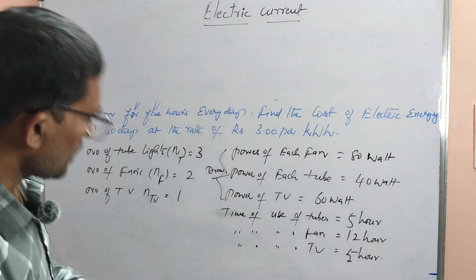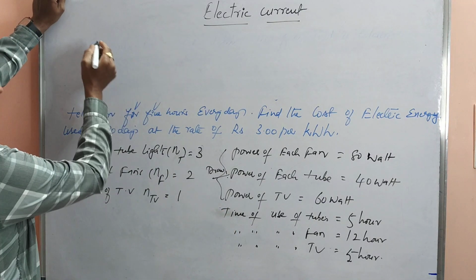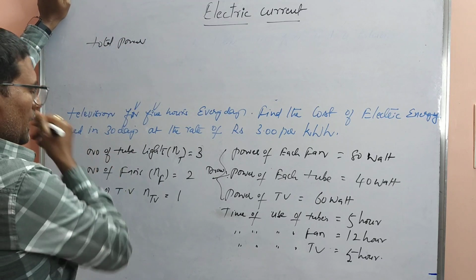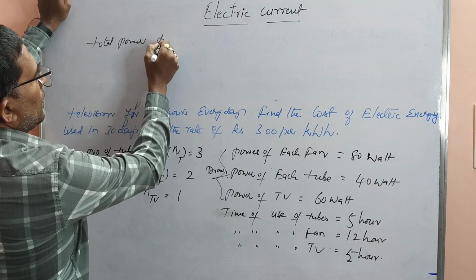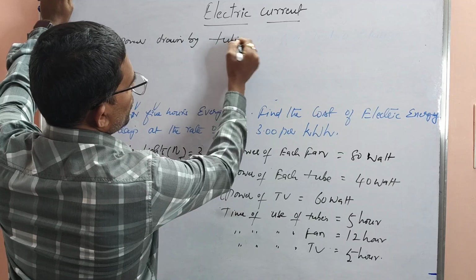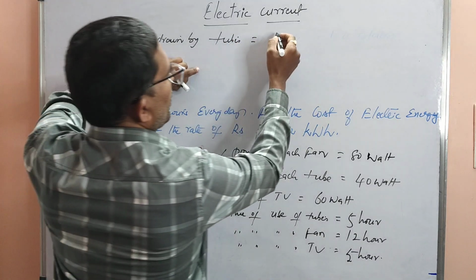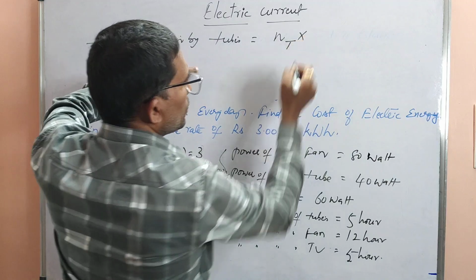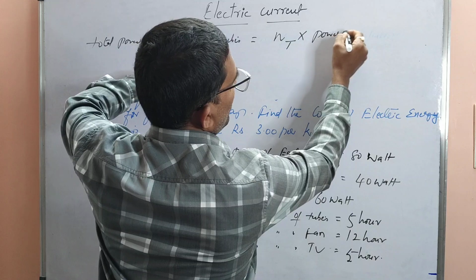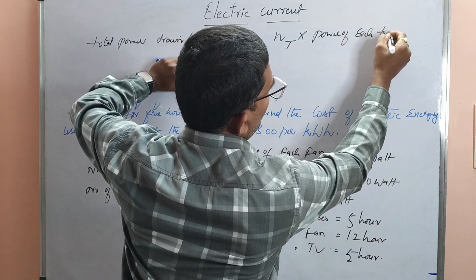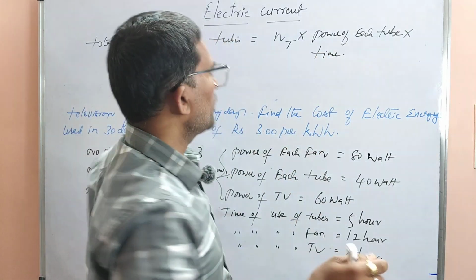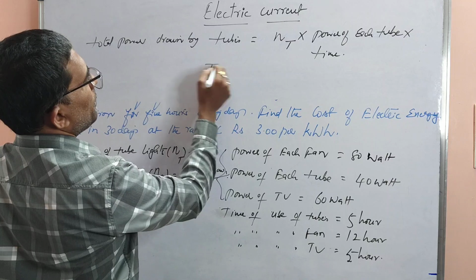Now I will write the steps related to total power drawn by tubes. The formula is number of tubes into power of each tube into time for which they are kept on.